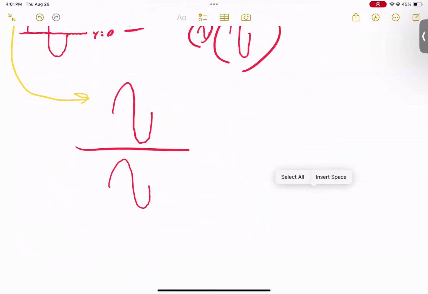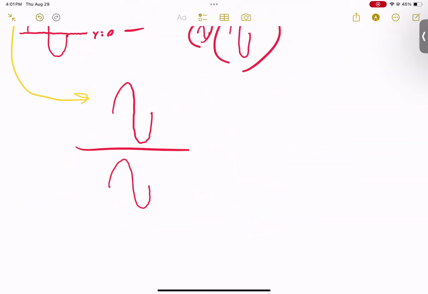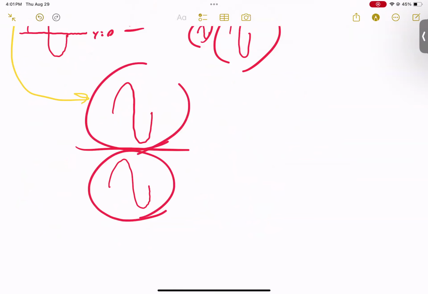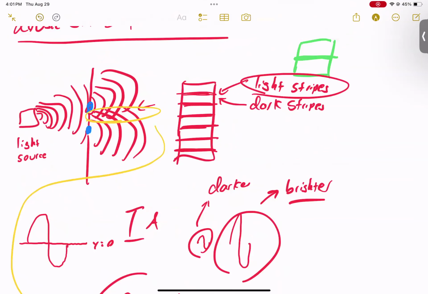So the amplitude of this wave and the amplitude of this wave get combined to get an even larger amplitude, thus resulting in a very bright stripe, which is represented by these dark strips over here that are used to represent the light stripes.